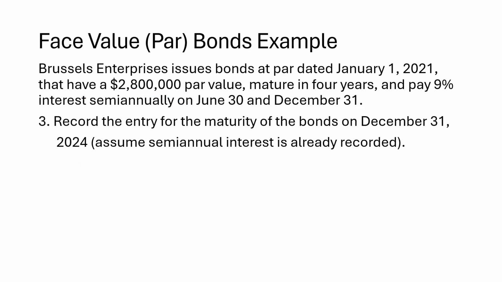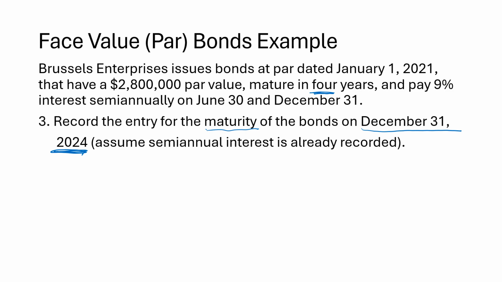So then finally, this will be the journal entry for the maturity of the bonds, and that will be December 31st, 2024. And we're going to assume the semi-annual interest is already recorded. So just know that this was a 4-year bond, and every 6 months that interest is paid.